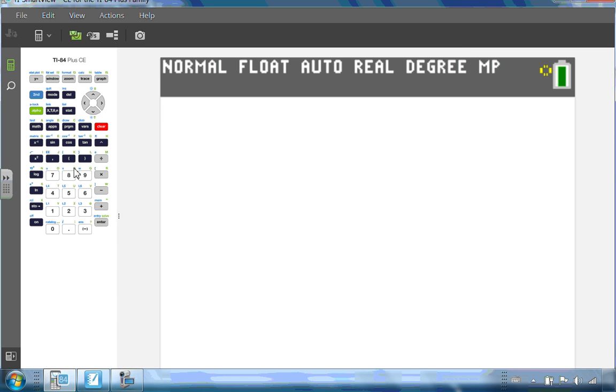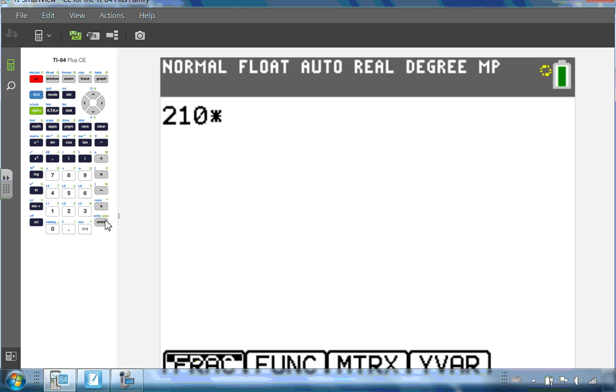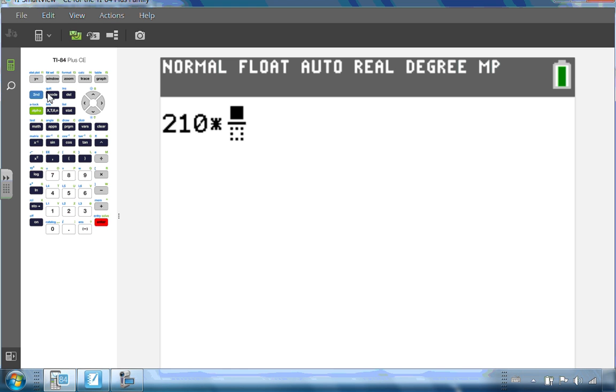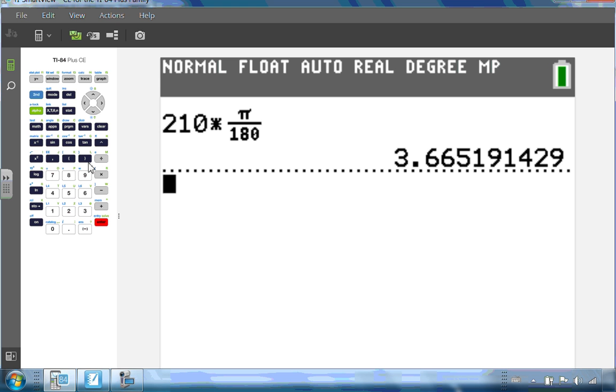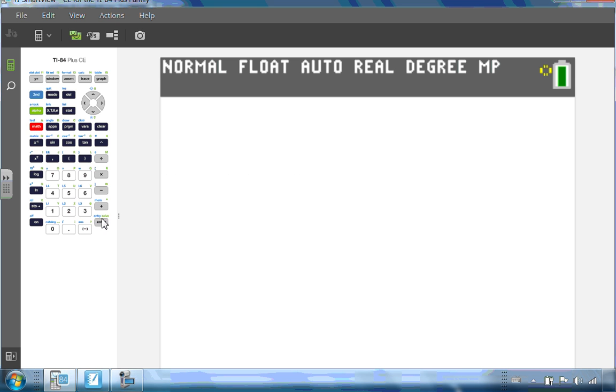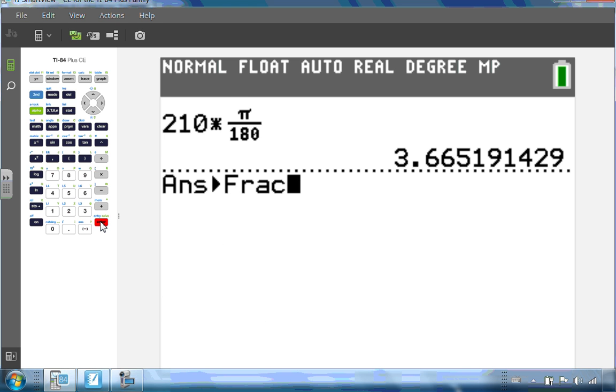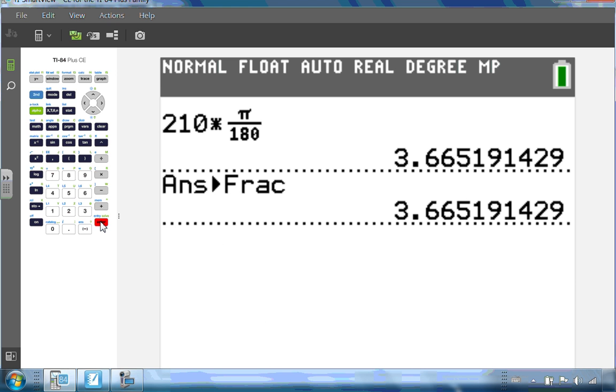When I do this, I'm going to get a decimal, and that's not an exact value. So if we tried to put it into a fraction, math, fraction, enter, it's not going to work. And the reason it's not going to work is because pi is an irrational number.